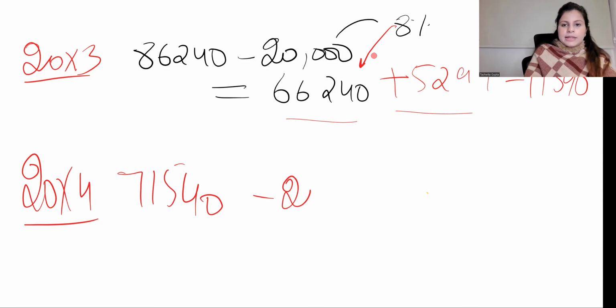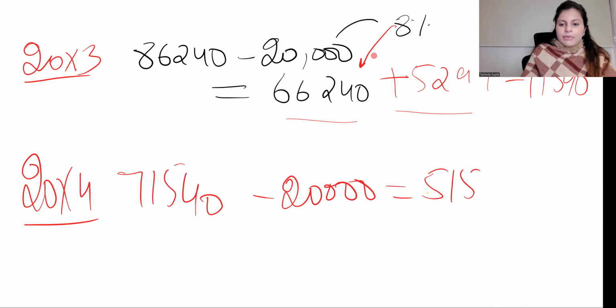So next year's opening, 71540 minus 20,000. That gives me 51540. On that, I will charge 8% interest.